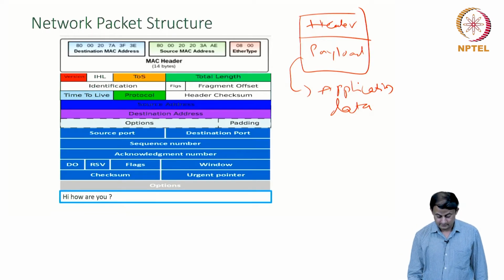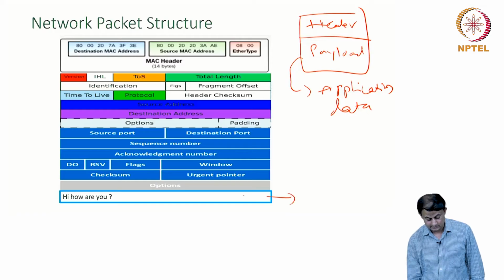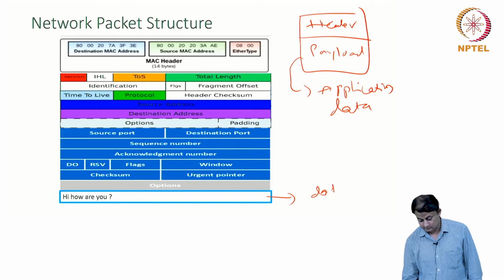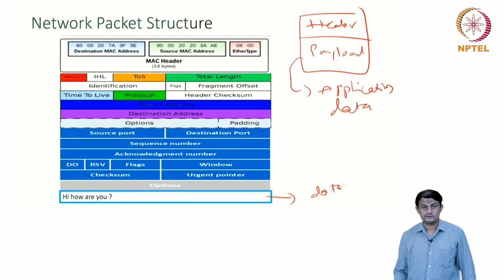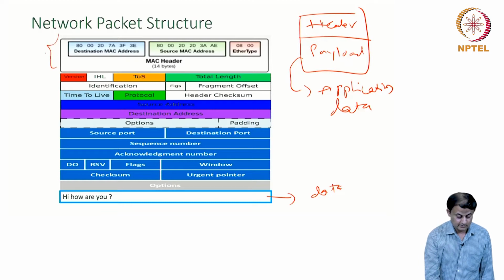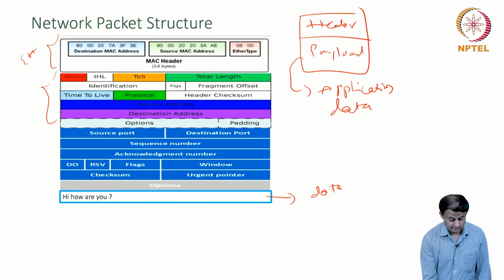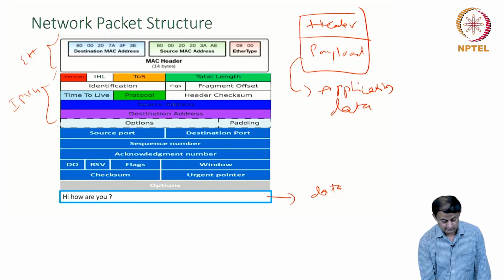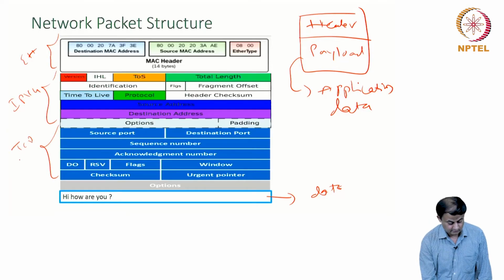There are different headers. This is the portion where the actual content goes, that is the payload or the data that is carried inside this packet. From here to here is the Ethernet header, from here to here is the IP version 4 header, and from here to here is the TCP header.